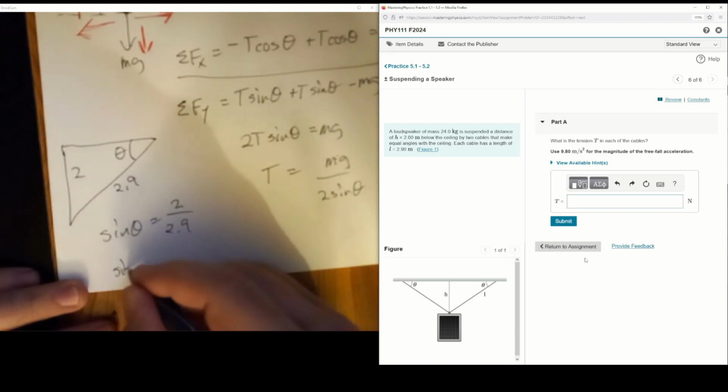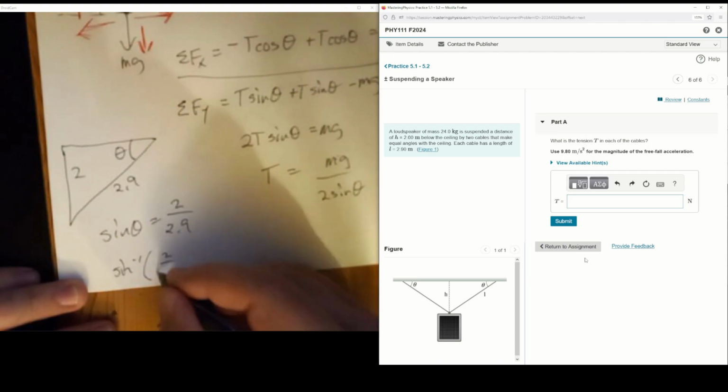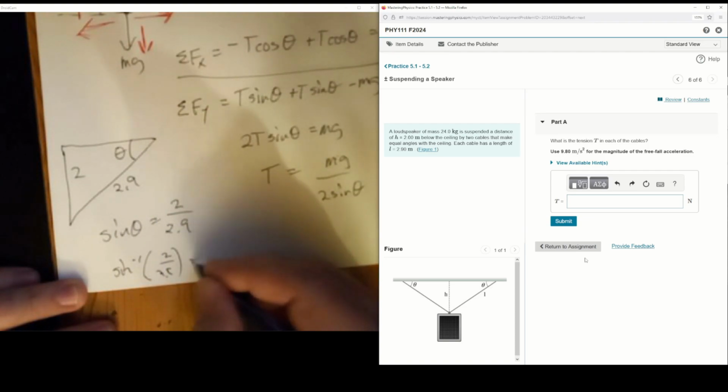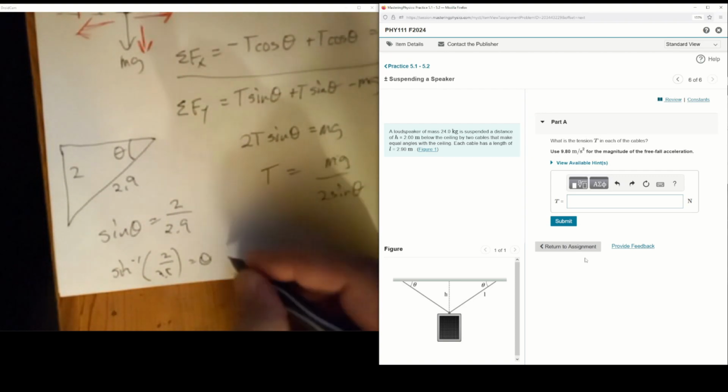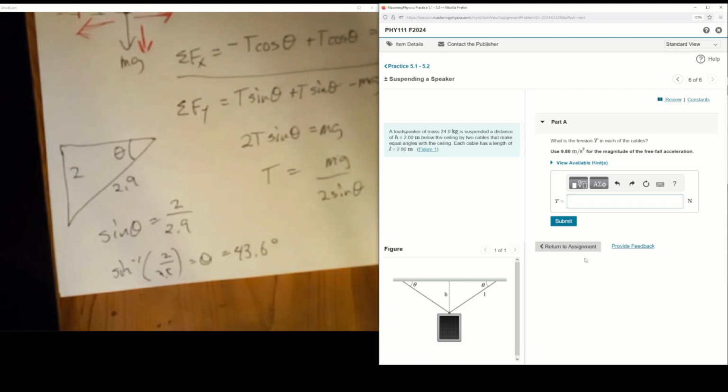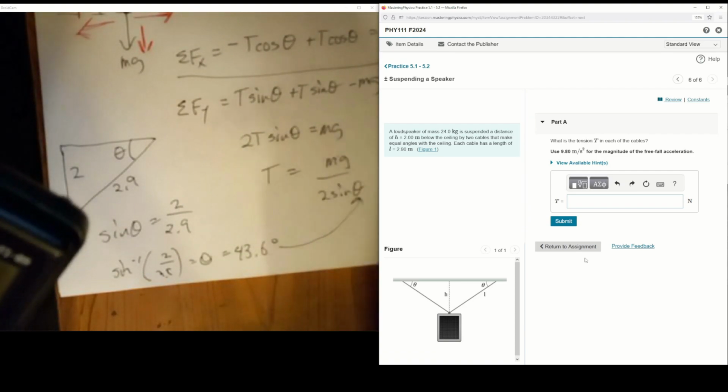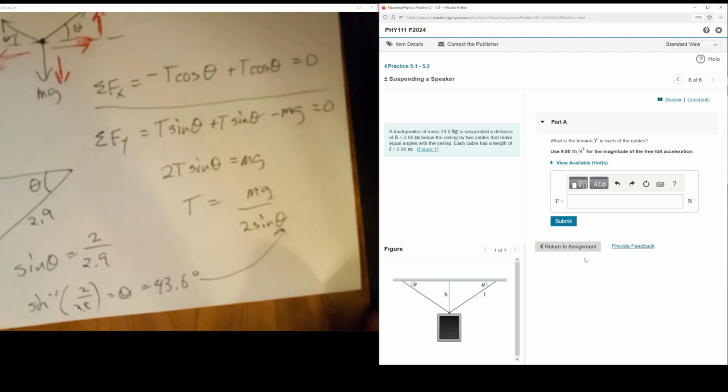And then inverse sine of 2 over 2.9 will be this angle. And let me figure out what that is. So inverse sine of 2 divided by 2.9 is about 43.6 degrees. And so there is my angle.